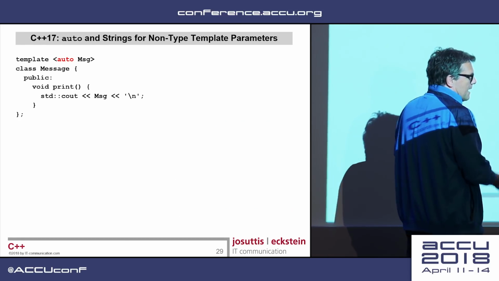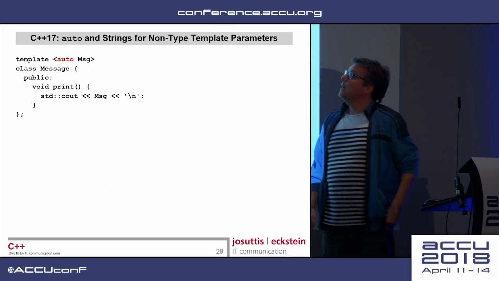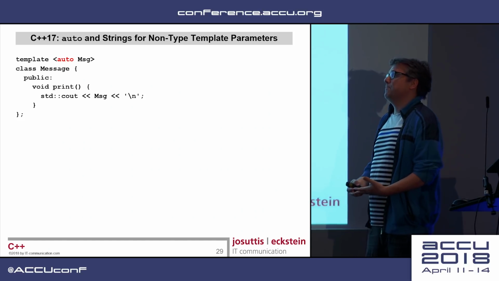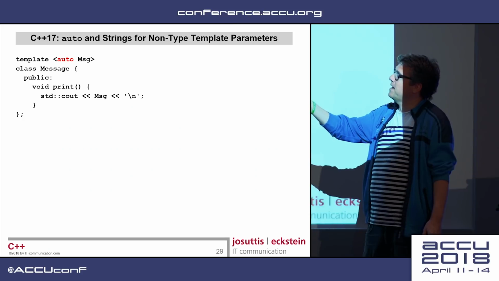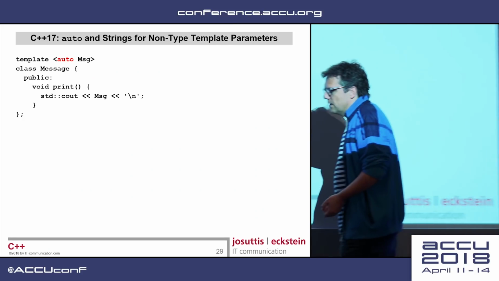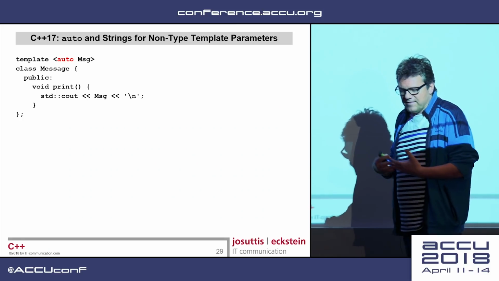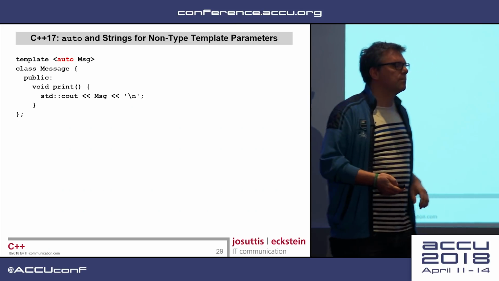Good. Another feature we have is you can now use auto in a template non-type parameter. You can, for example, parameterize your template by the message it uses. Think about this as a class that has a stable prefix writing into a log file or something like this.